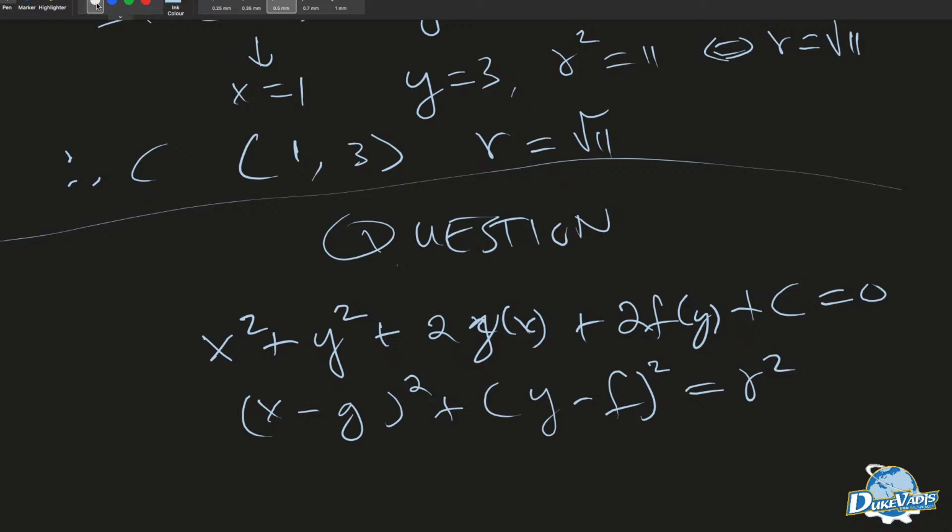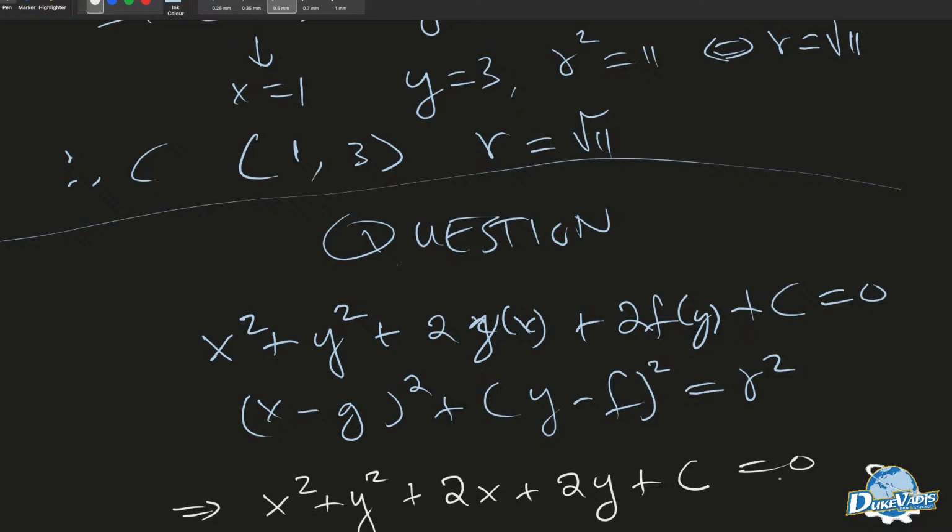The first case scenario is, is x squared plus y squared plus 2x plus 2y plus c equal to 0 the same as this equation?